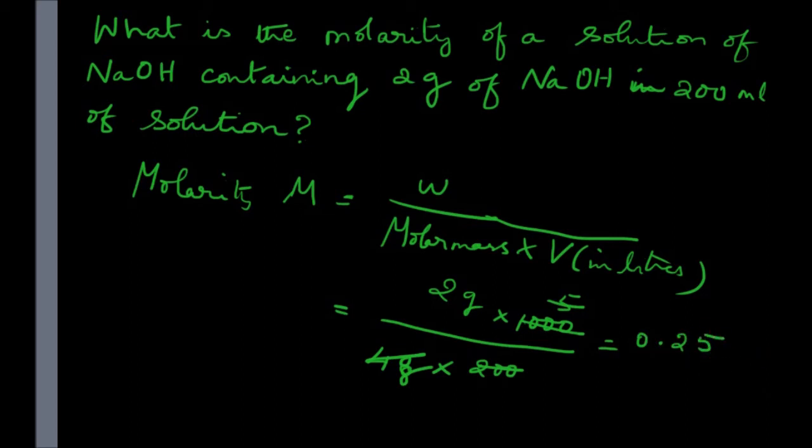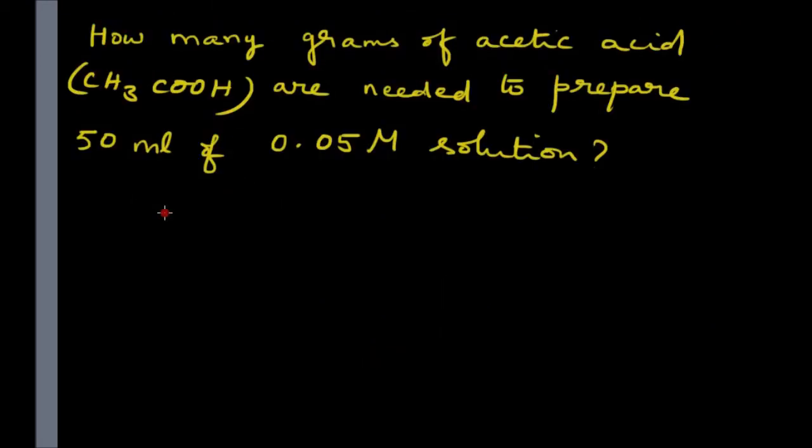We will do one more sum now. How many grams of acetic acid, formula CH3COOH, are needed to prepare 50 ml of 0.05 molar solution? Here you are given molarity. You are asked to calculate the mass. You know the formula. Molarity M is equal to W by molar mass into volume in liters. Isn't it?